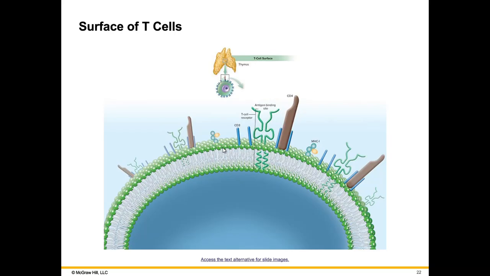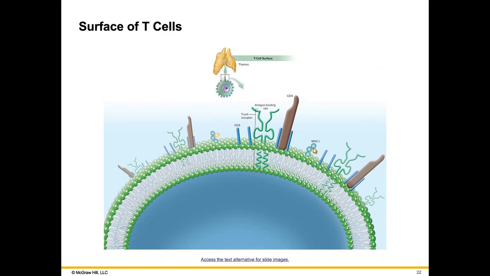So let's look at some pictures so we can get a visualization of this. Again, we have a T cell shown here from the thymus, and if we blow up this cell really big, it's showing you the plasma membrane all around. We see a CD3 marker, we see the CD4 marker, we see our MHC class 1 complex, and then we see this antigen binding site.